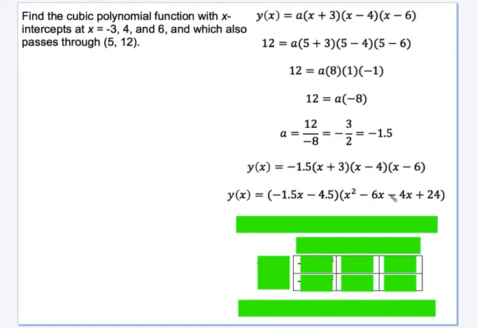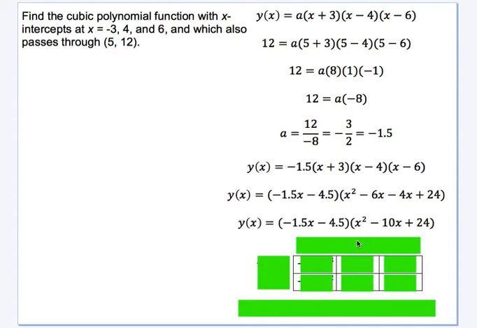I went ahead and FOILed that. I get x squared minus 6x minus 4x plus 24. You guys already watched the video on FOILing. Everybody should remember how to do that. I can simplify that further, and I get the two terms, this term and then this term.